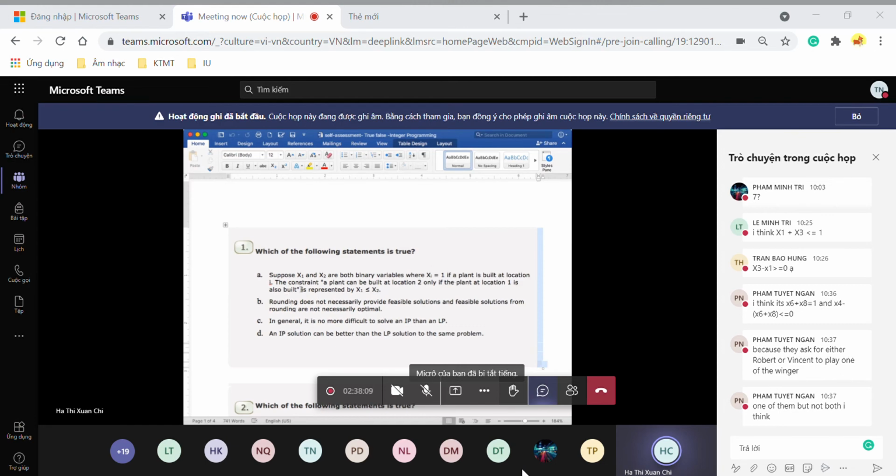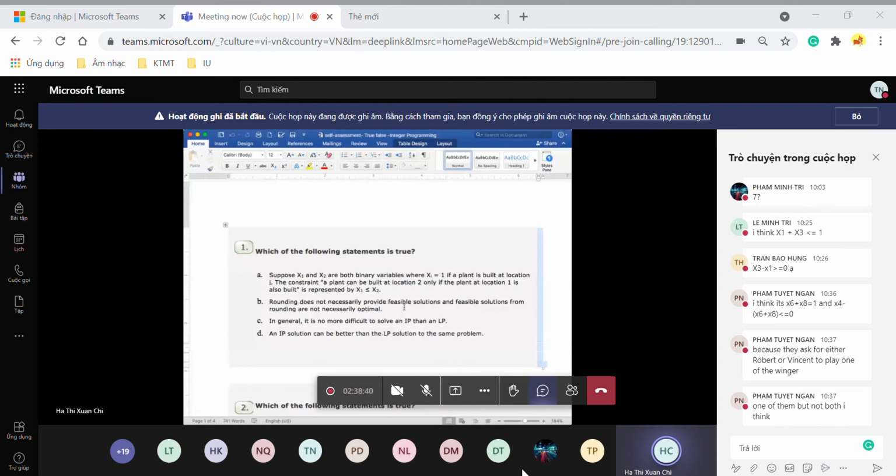The constraint: a plane can be viewed at location 2 only if the plane at location 1 is viewed. So it is represented like this, x1 greater than or equal to x2.